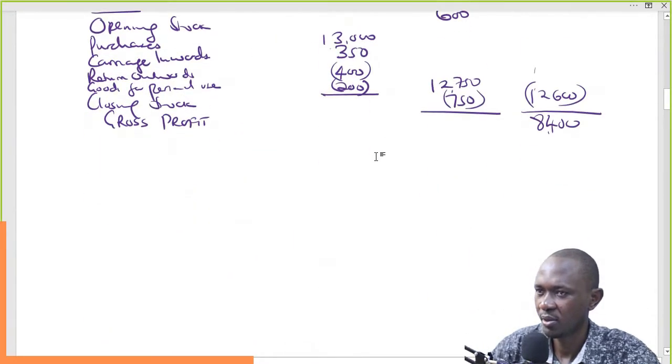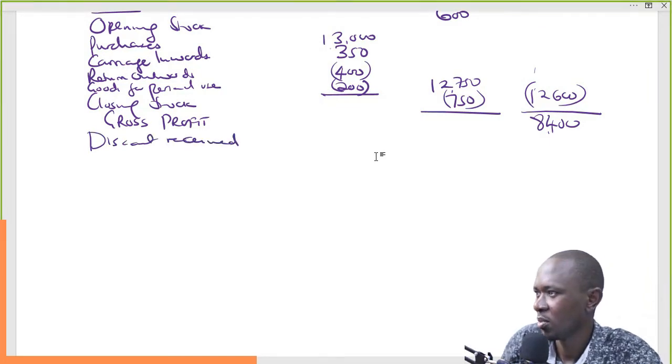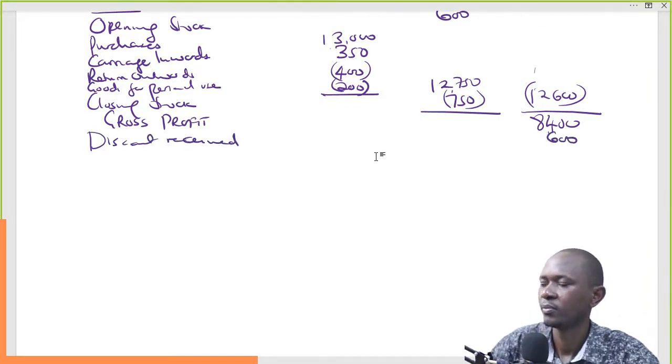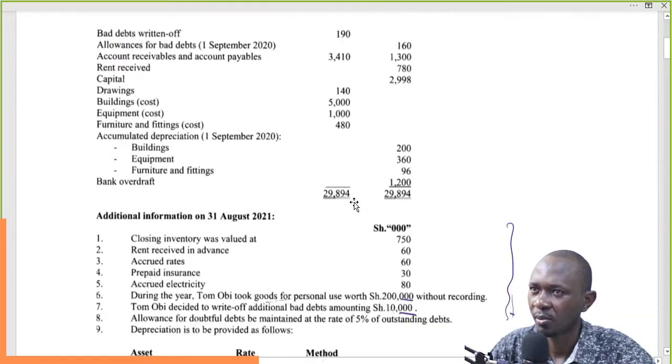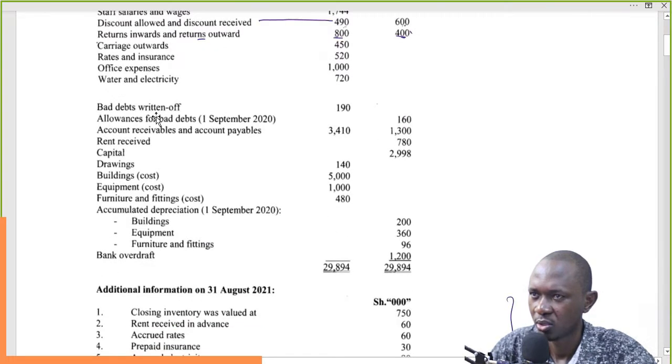So we come here. Discount received. How much? 600. Then check again if you have any other income. Return, carriage. Check, run through. Rent received. We have rent received of how much? 780.